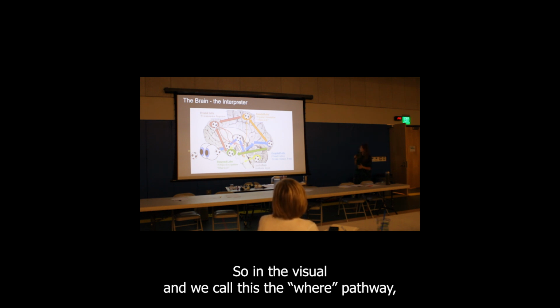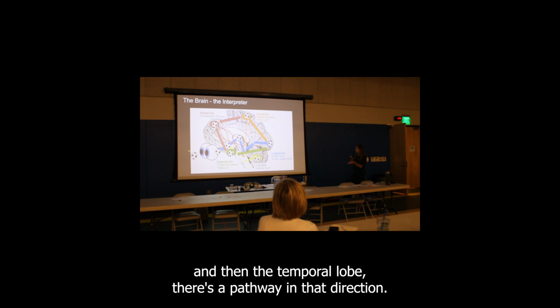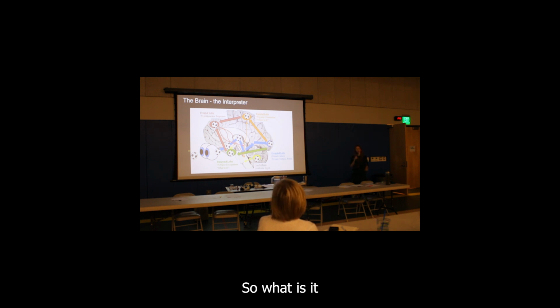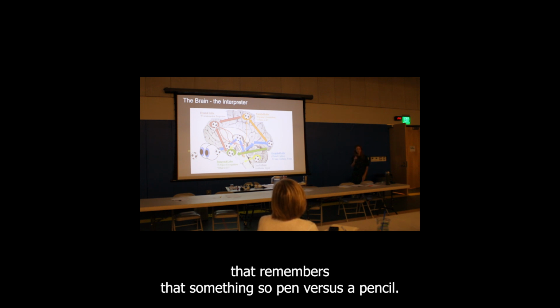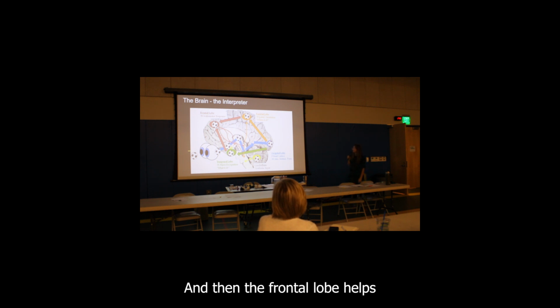So in the vision world, we call this the where pathway. And then the temporal lobe, there's a pathway in that direction, we call that the what pathway. So what is it I'm even looking at? You know, we have this file in our brain that remembers that something's a pen versus a pencil. And then the frontal lobe helps prepare a response to visual information.